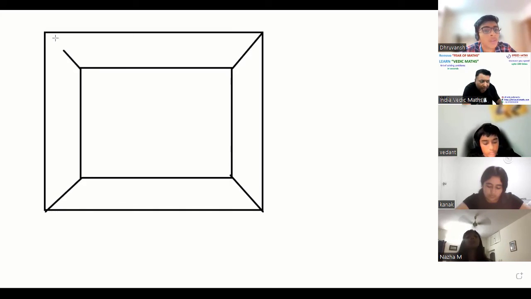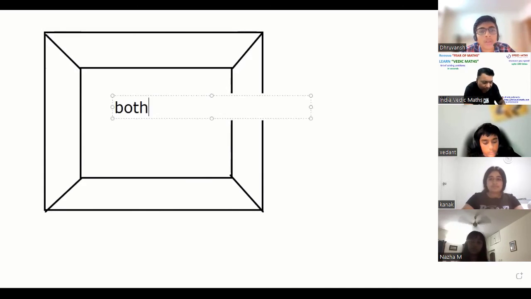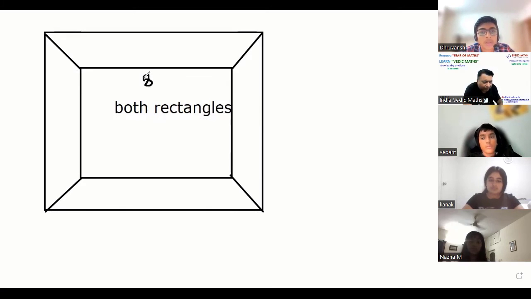So the important thing is both are rectangles. And this side is 8 centimeter. The smaller one. Means this side is 8 centimeter. Okay.